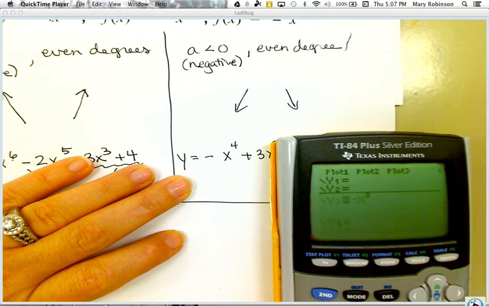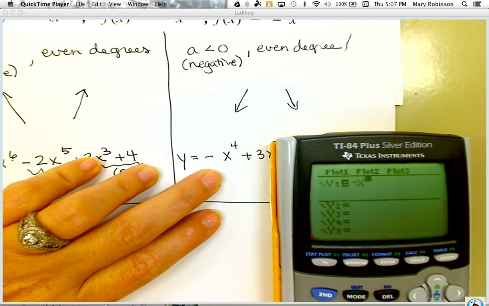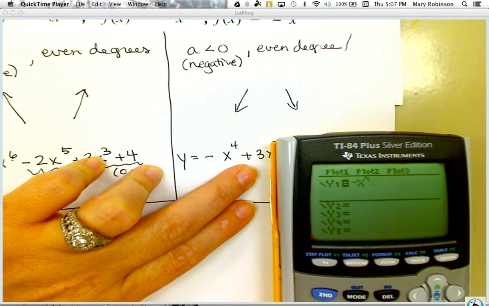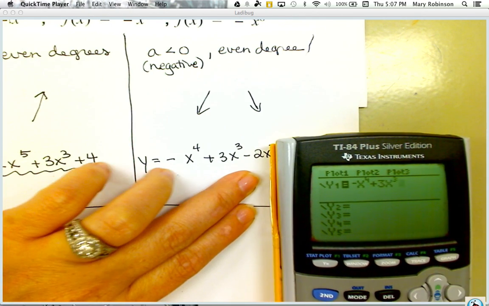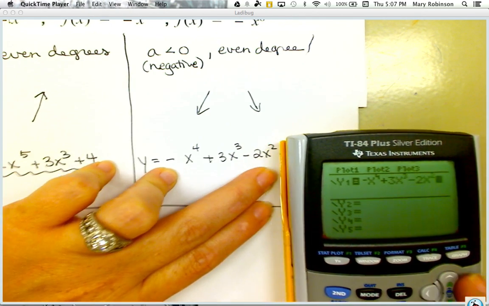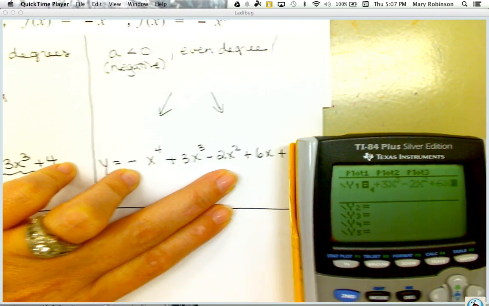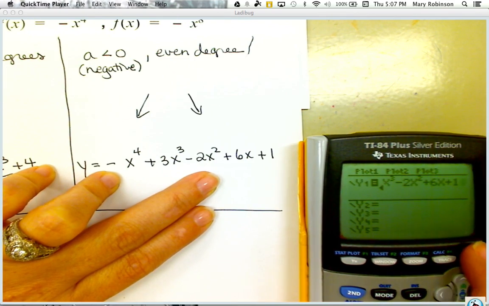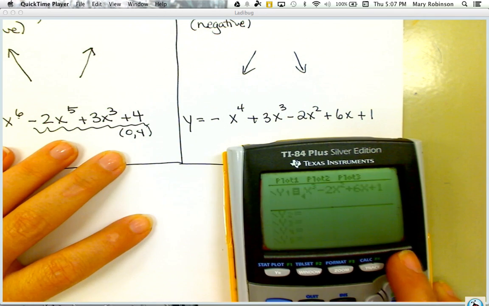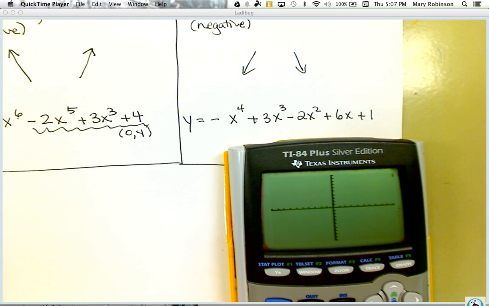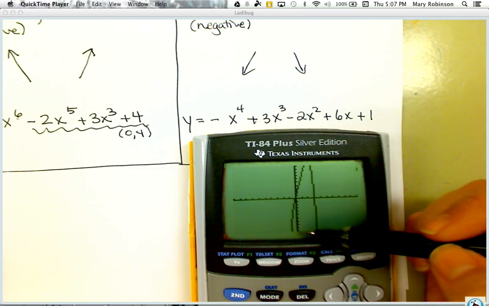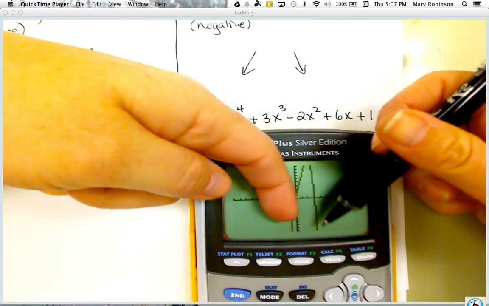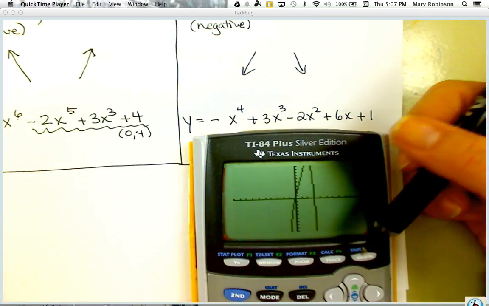Let's clear out what we have. Negative x to the 4th power plus 3x to the 3rd power minus 2x squared plus 6x plus 1. All right, let's graph it and see if we're right. Oh man, that one looks different too, but notice what happens to both ends. They both open down.